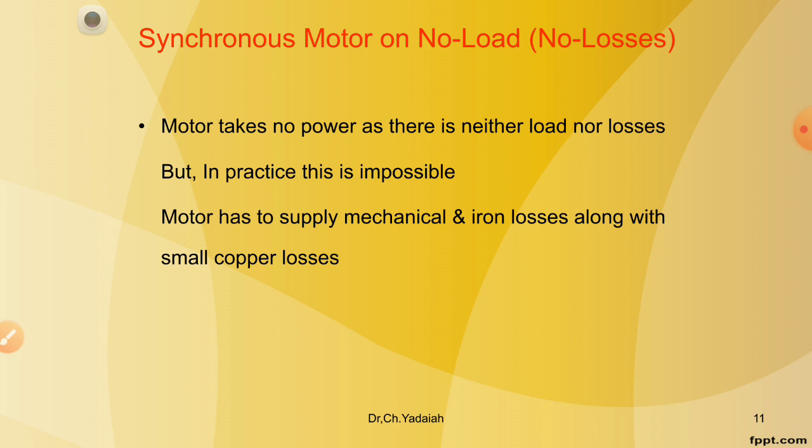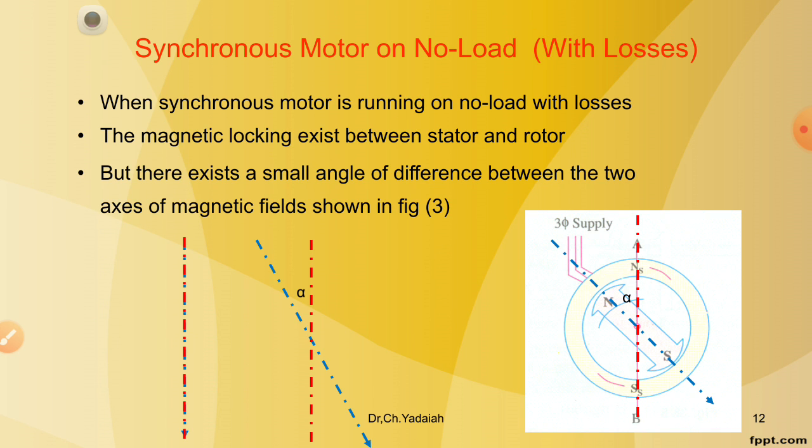The motor has to supply some mechanical and iron losses along with small copper losses during production of mechanical energy. It is happening, but the current is showing 0. So this is purely theoretical, but it is not practical. Let us see in practical. In the previous case we assumed no losses in the motor under no load condition.